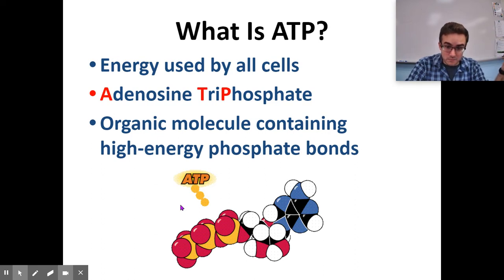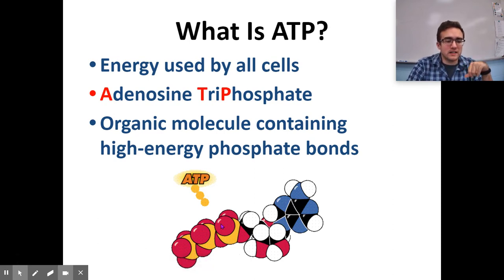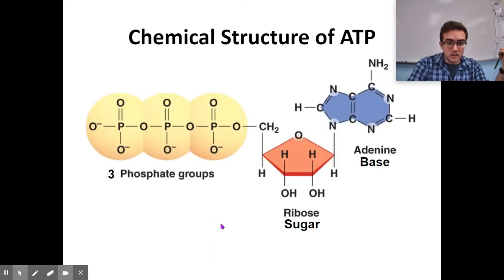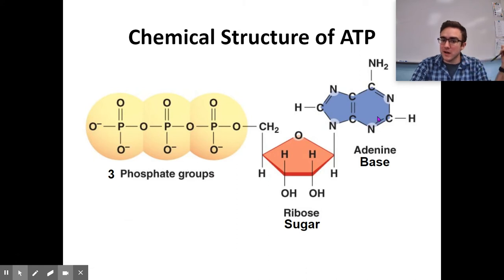And it's organic, meaning that it's made by us. And then it's high energy. These other phosphate groups have a lot of energy in them, and I'll talk more about which one has the highest amount of energy. But this is what it looks like. Here is that adenine base, which has nitrogen, so you could correctly classify it as a nitrogen containing base.